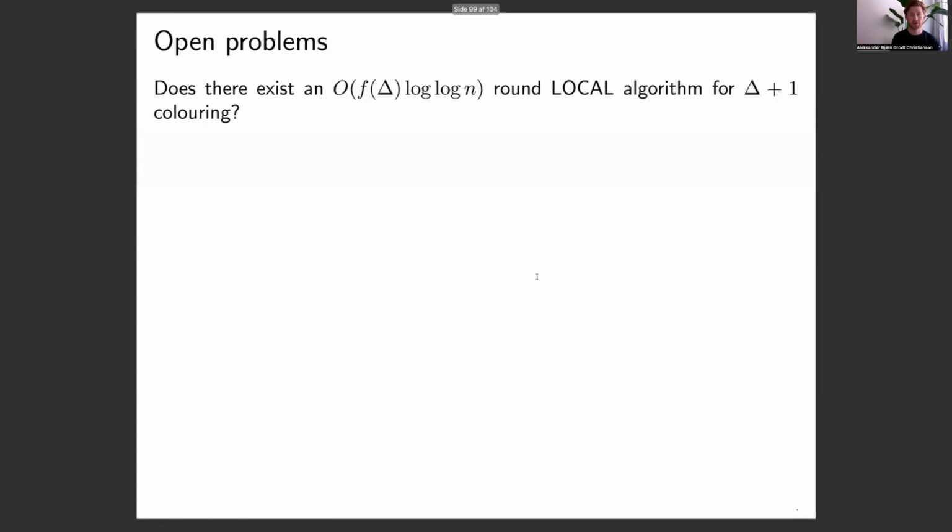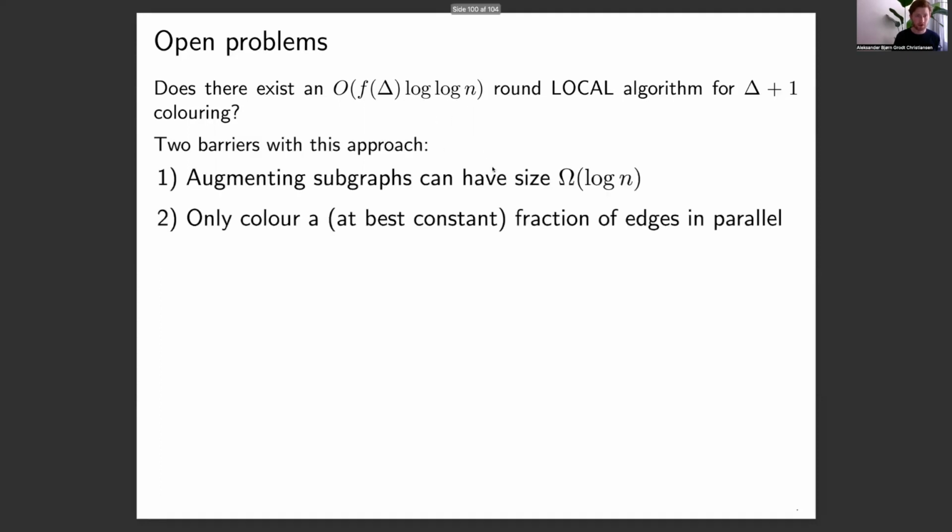Okay, so finally, an interesting open problem is: can there really exist local algorithms that are faster? Let's say delta is constant, so we don't care too much about the dependency on delta, but can you get something that has a log-log-n dependency instead? There are two barriers to this approach.